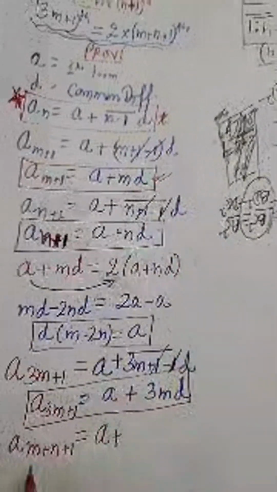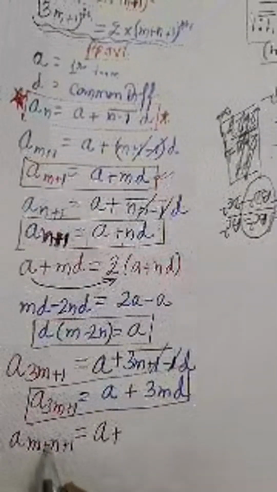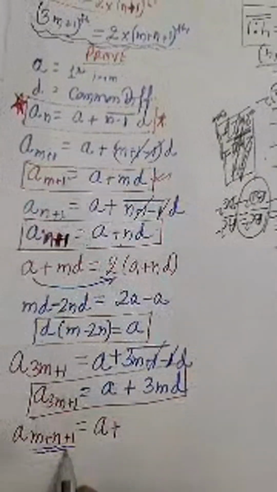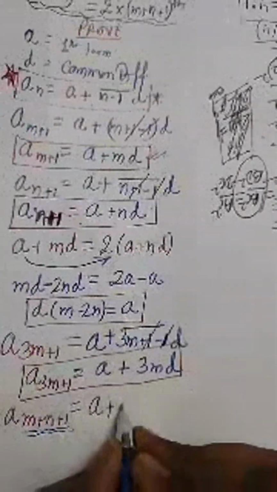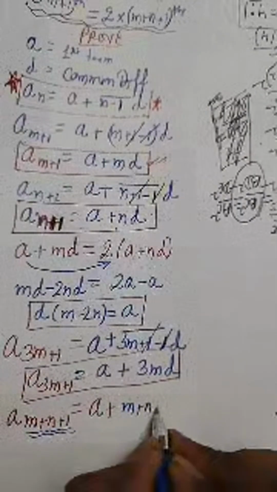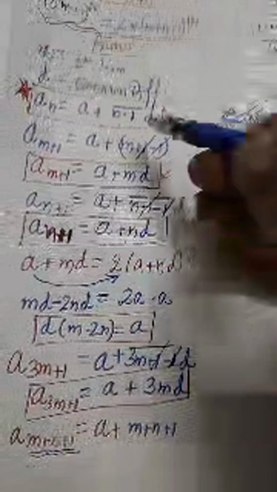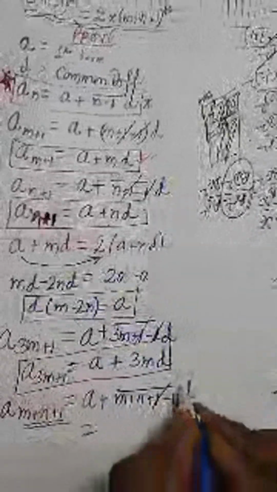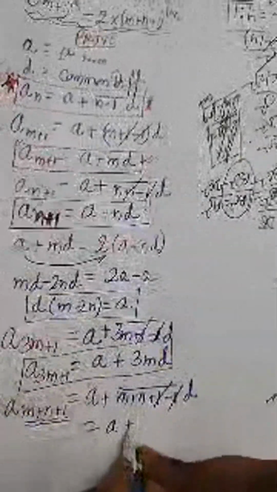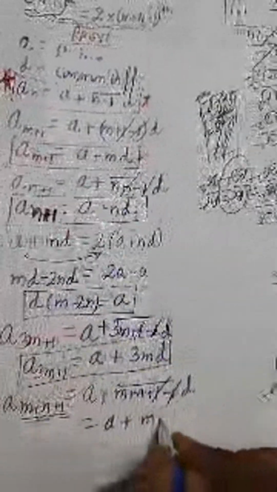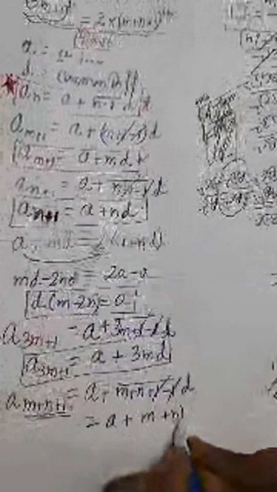So in place of n, it will be m plus n plus 1, so m plus n plus 1, then whole bar into d.